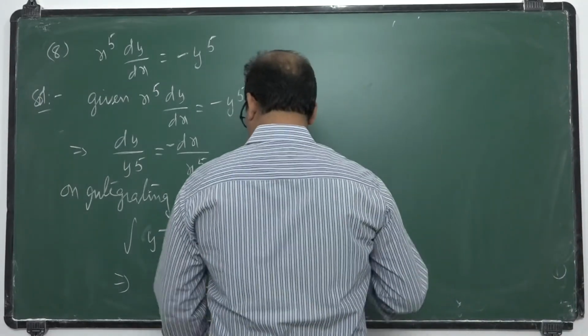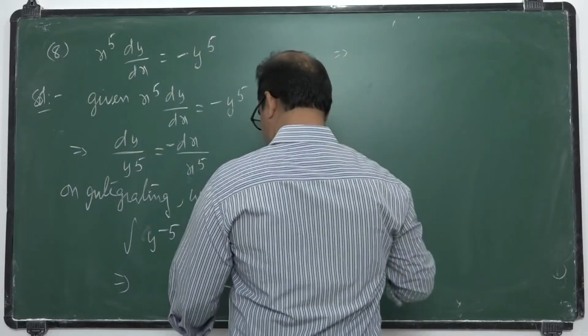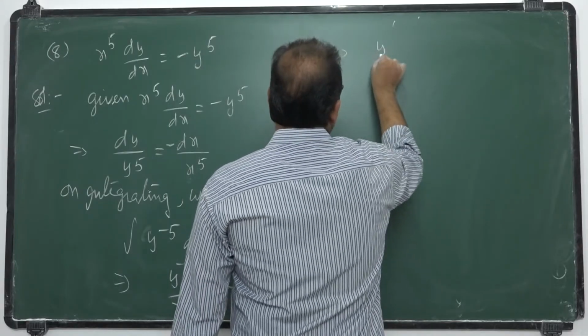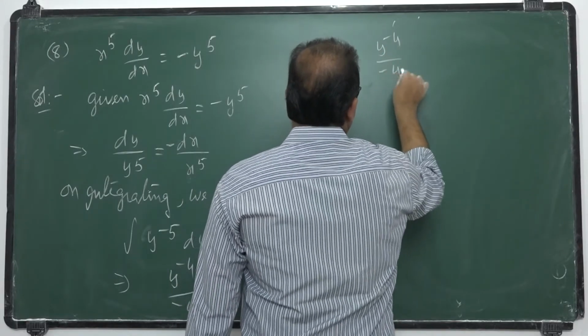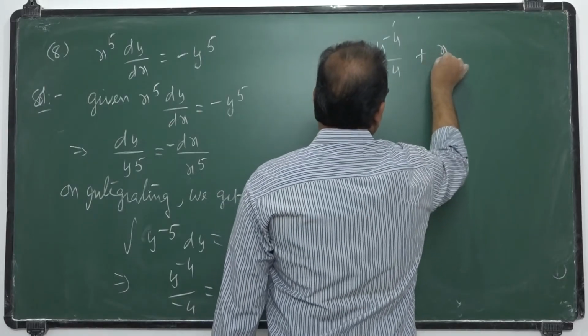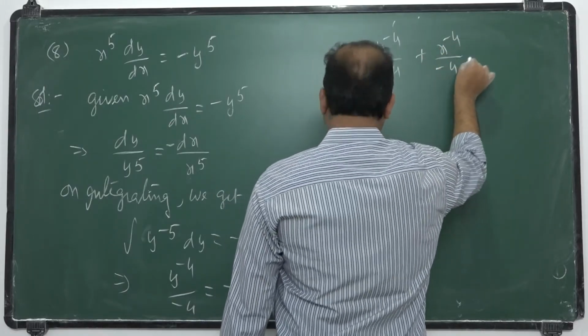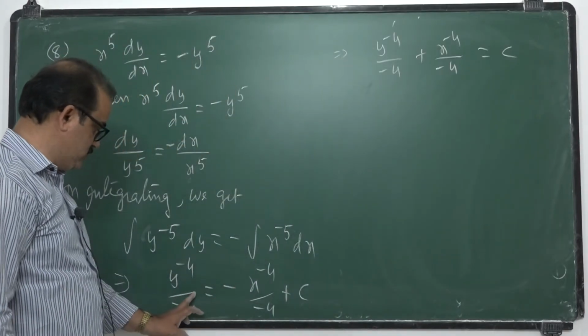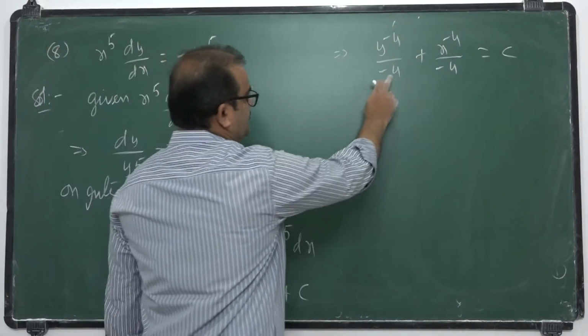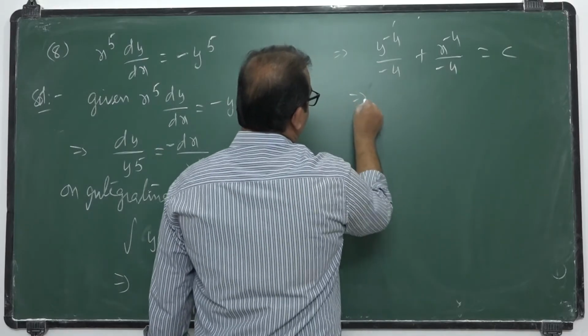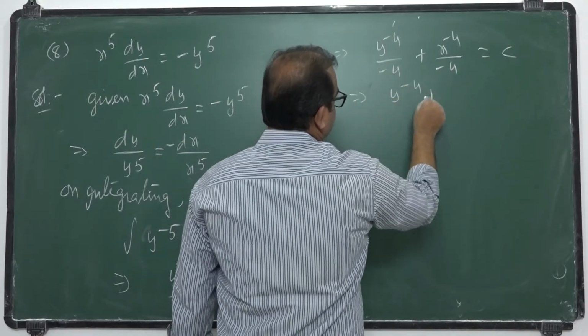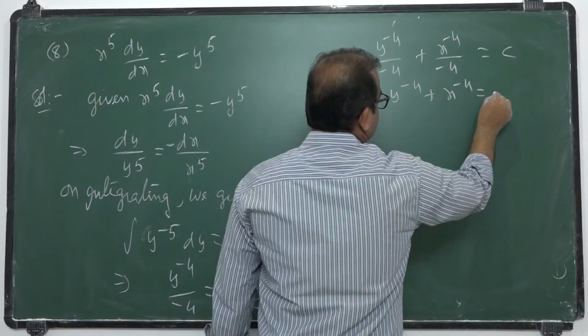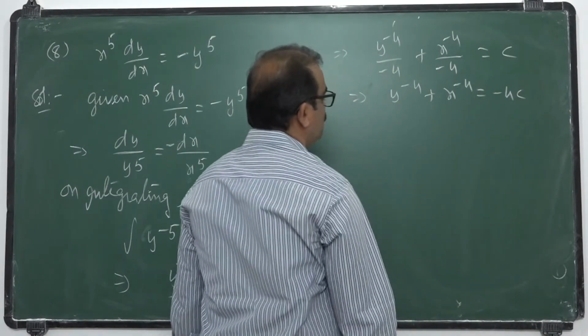Now take this term to this side. y power minus 4 by minus 4 plus x power minus 4 by minus 4 is equal to c. Take this minus term to left hand side. What is the LCM here? Minus 4. y power minus 4 plus x power minus 4 is equal to minus 4c.